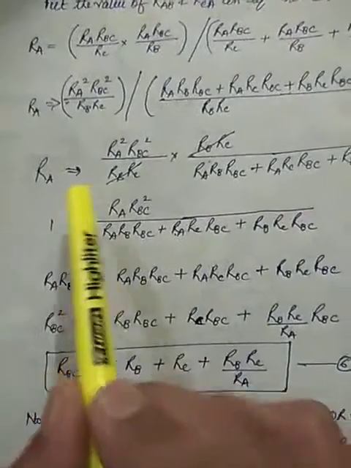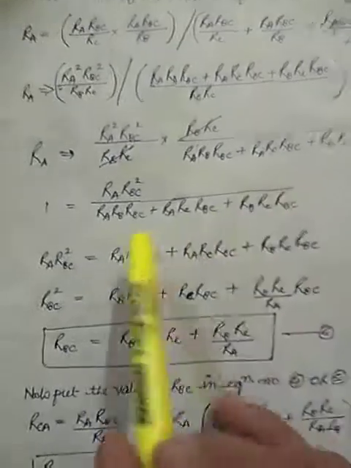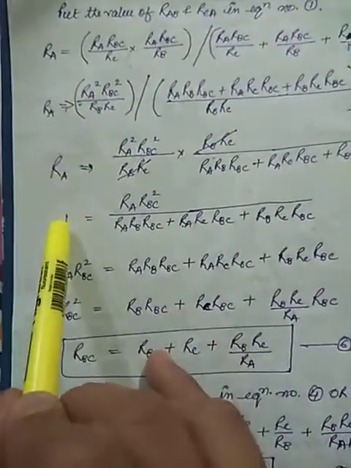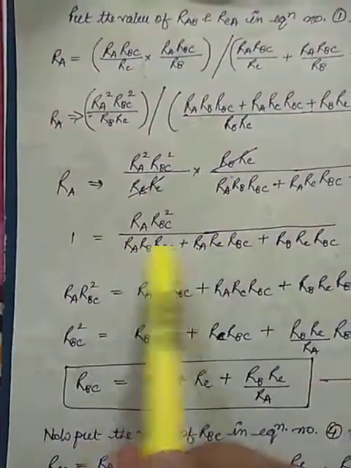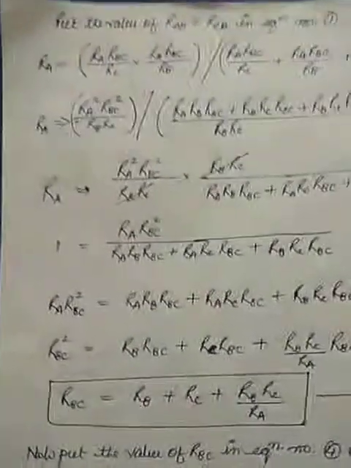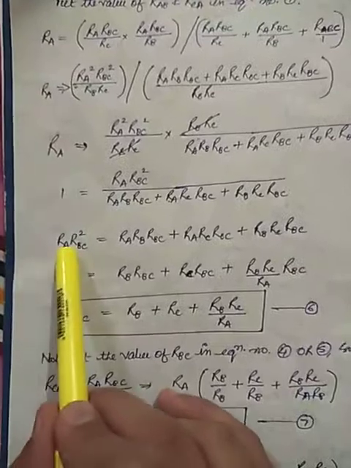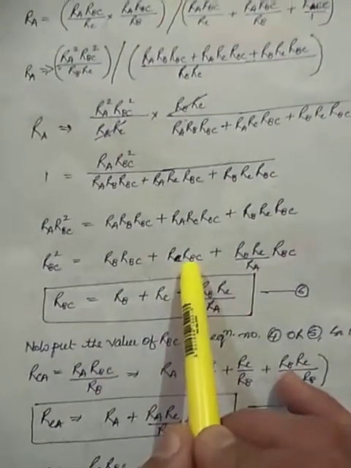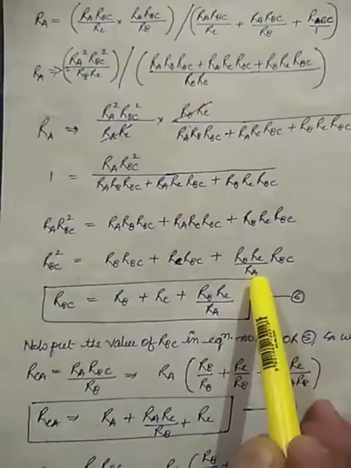When we calculate this, we get RA equal to RA square RBC square divided by the denominator. When we cancel out RA square, we get 1 equal to RA into RBC square divided by the denominator. Cross multiplying, RA cancels out, and we put the rest in the denominator.